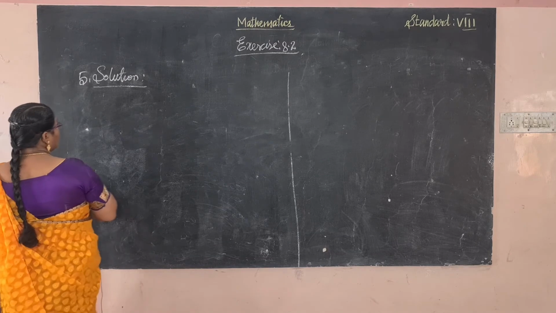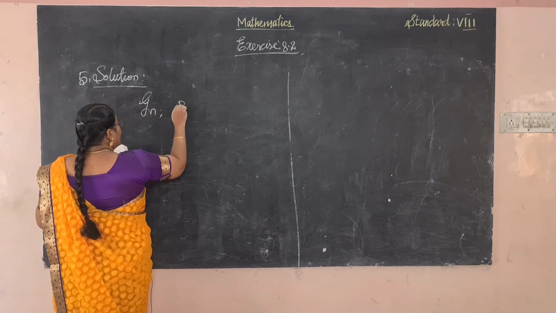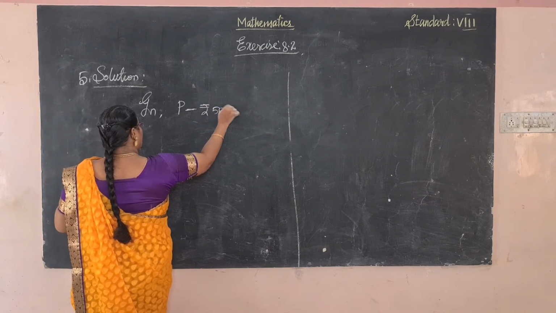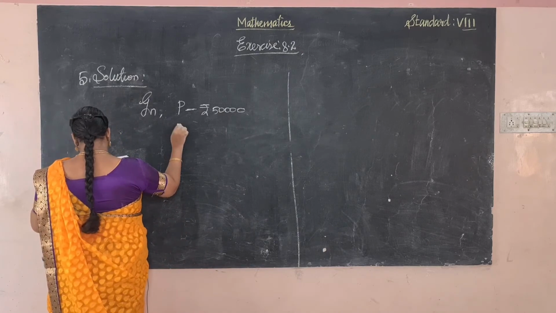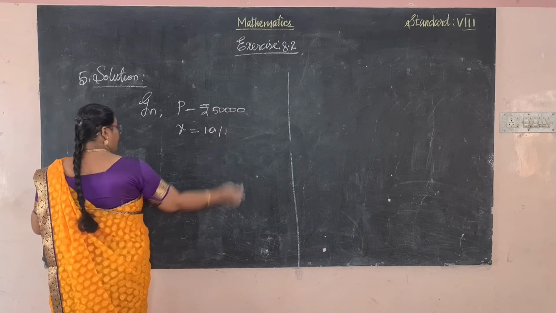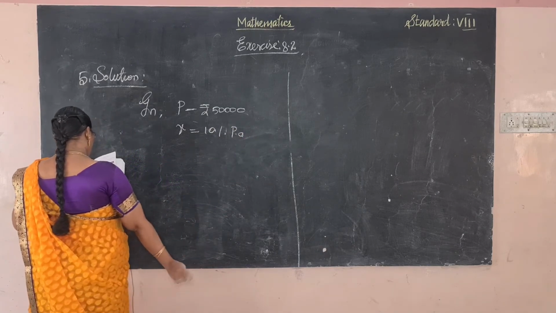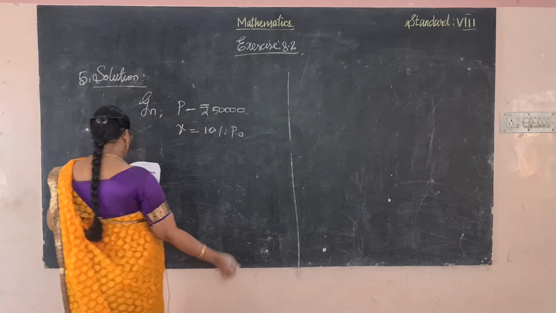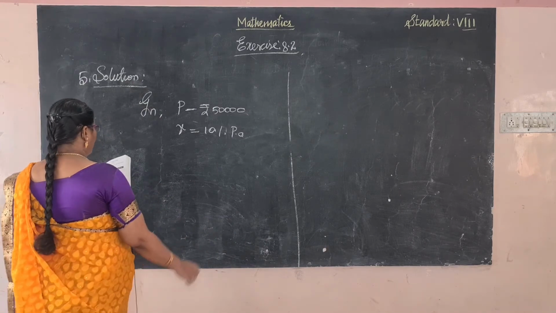Kavita deposited, so the deposited amount P is equal to rupees 50,000. Rate of interest R is equal to 10% per annum. If the interest is calculated half yearly, what amount will she get after 1 year is asked.